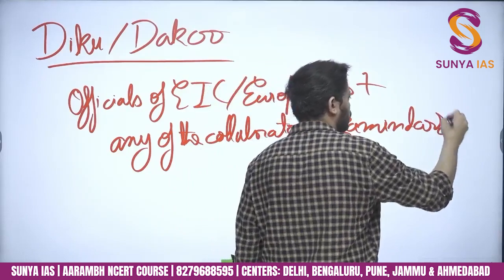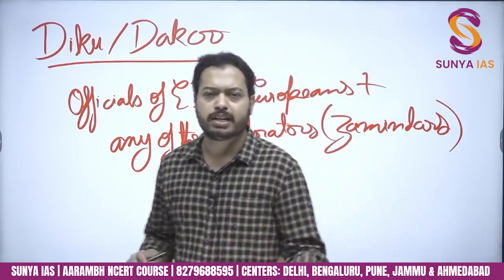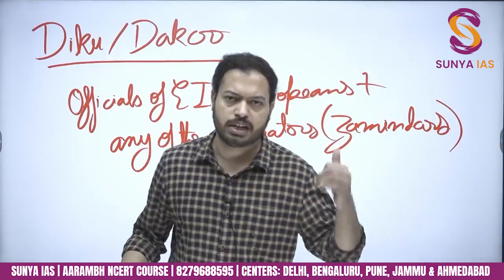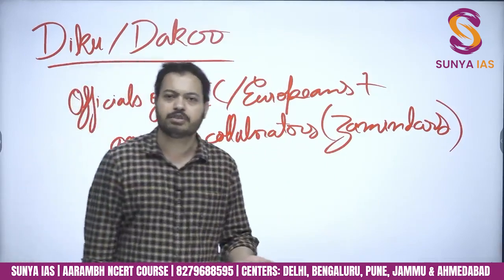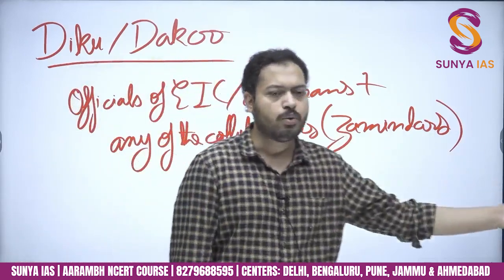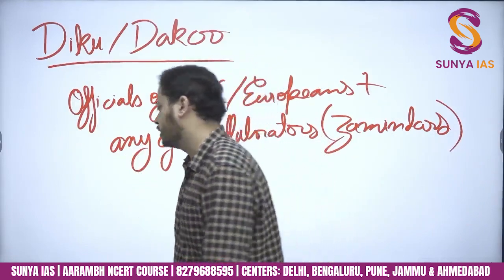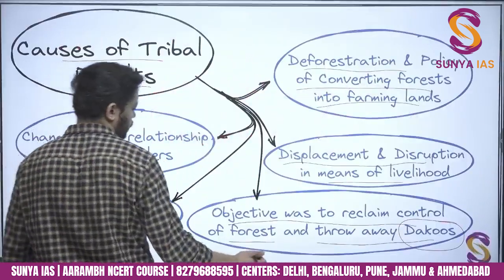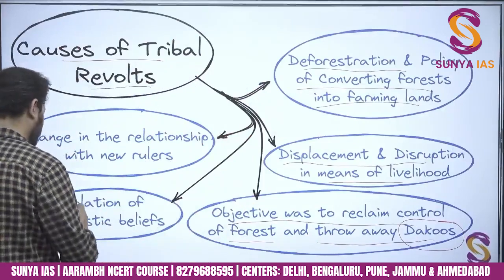Now, why am I focusing too much on a random word? Because these random words are again and again asked in the examination. I'll tell you the example in a few minutes of how a specific word has been asked in the examination, what this word signifies, so you have to know these things. Okay, so the objective was to reclaim forests and throw away Dakus.